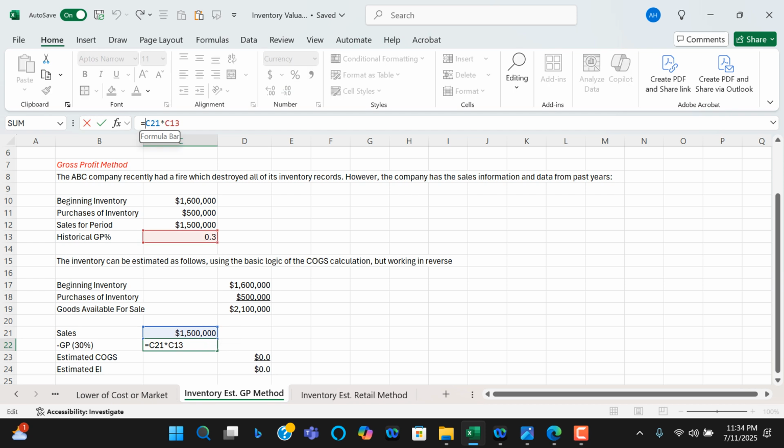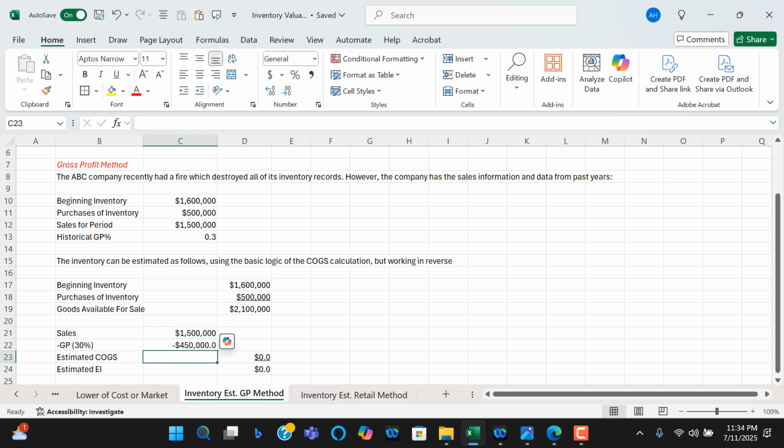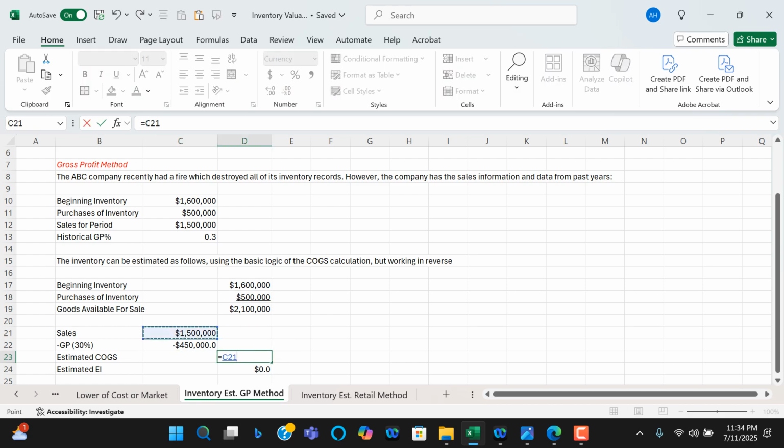Okay, so if you know that your total revenue was 1.5 million, and that of that revenue, gross profit was 450,000, the rest must be cost. So your estimated cost of goods sold is equal to your sales less the gross profit that you made on the sales.